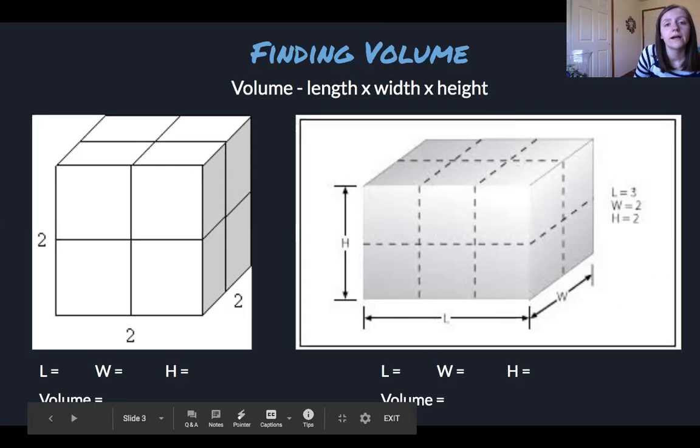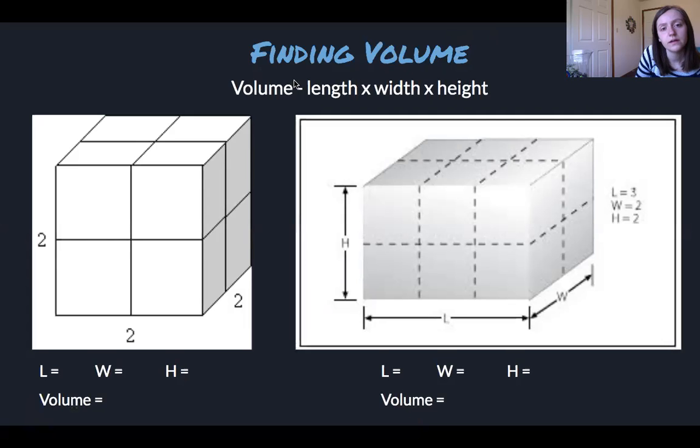Like I said, for this one over here, it is 2 long, 2 wide, and 2 high. To find the volume, we have to multiply each of these numbers by each other.